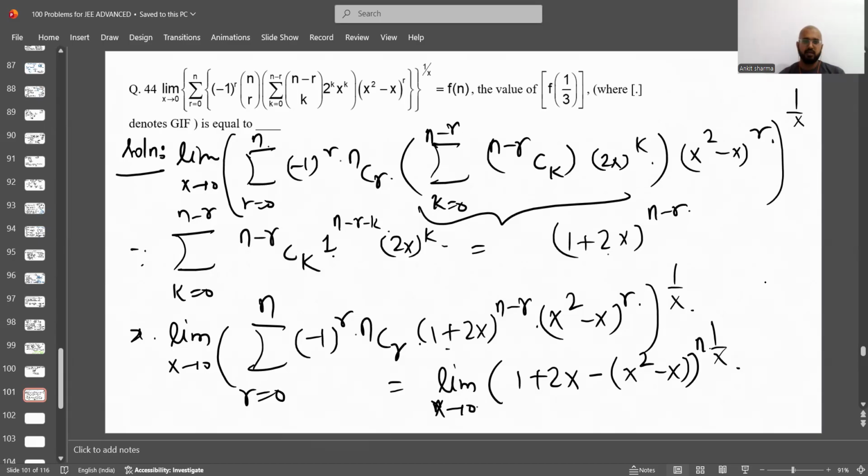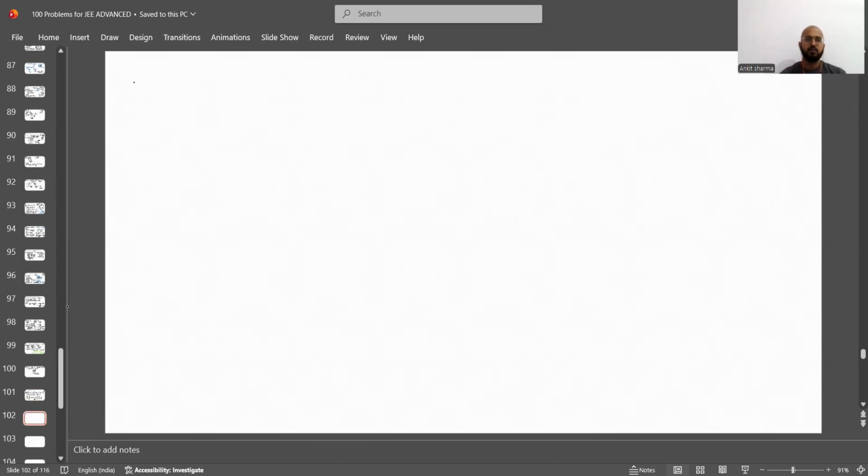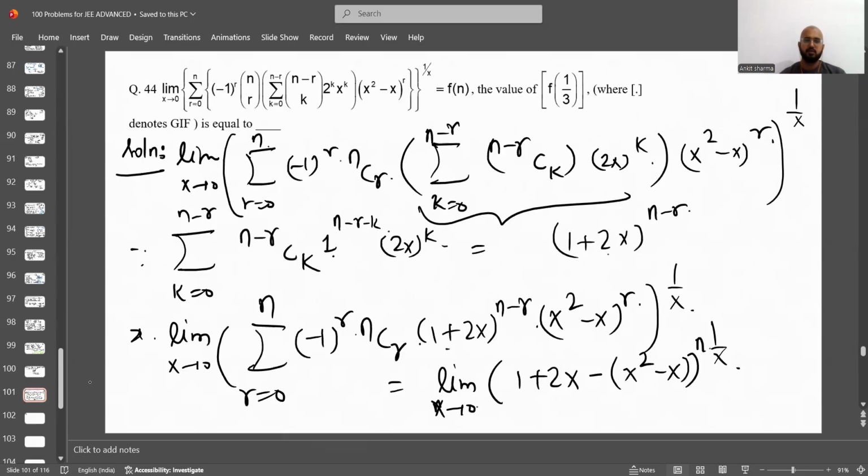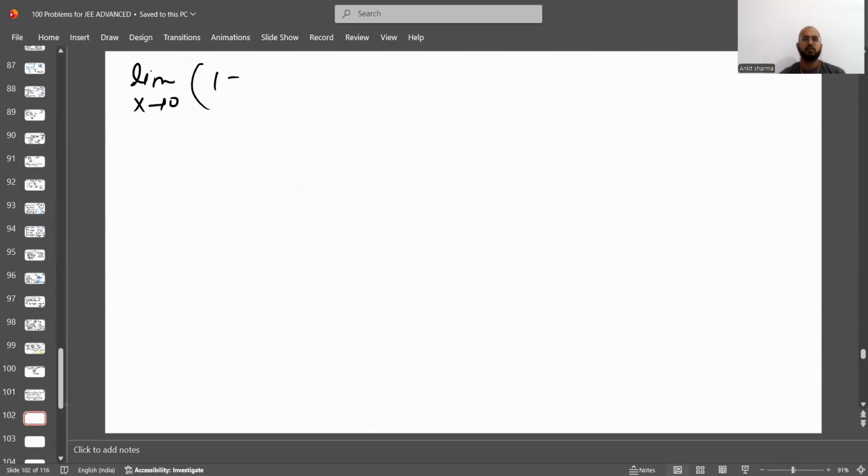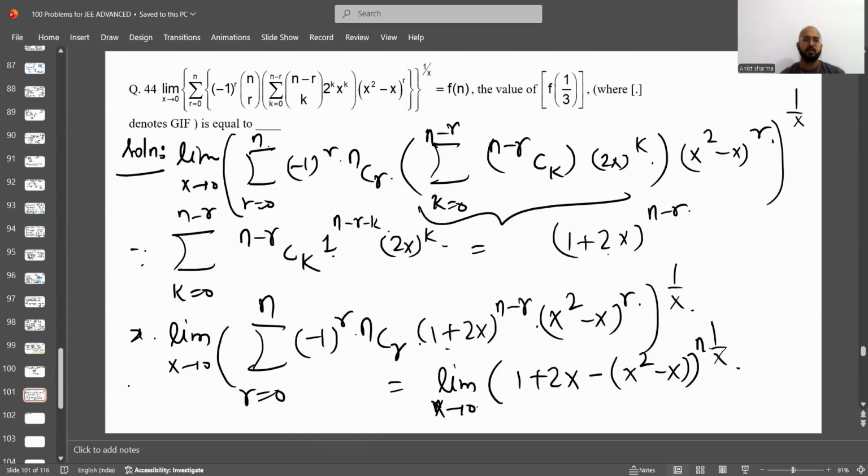So that means now I'll be having limit x tends to 0 of (1 plus 2x minus x square plus x, which means 1 minus x square plus 3x) to the power n over x. Yeah.